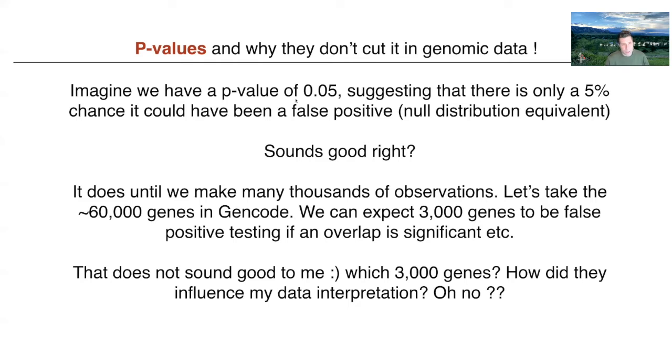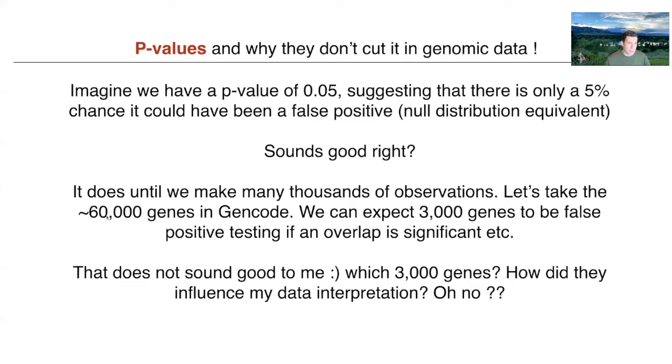So in the human genome or GENCODE, we're going to be looking at some cases up to 60,000 features. So a p-value of 0.05 means about 5% of our significant values are probably wrong. So 5% doesn't sound that bad until you start adding up multiple observations.